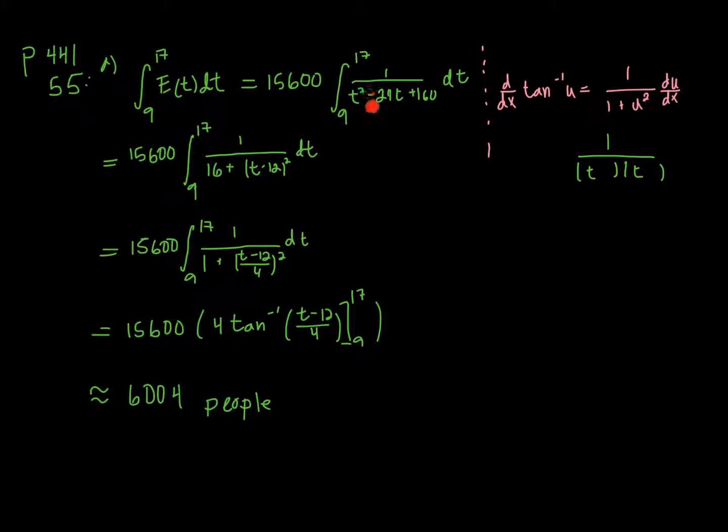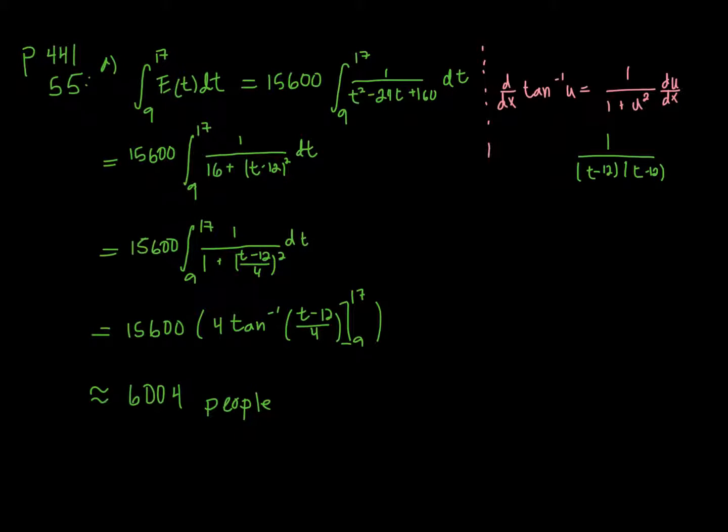And I know that I'm going to add them together to be negative 24. So that would be negative 12 and negative 12. Okay? The problem with that is that when I multiply negative 12 times negative 12, I don't get 160, I get 144.